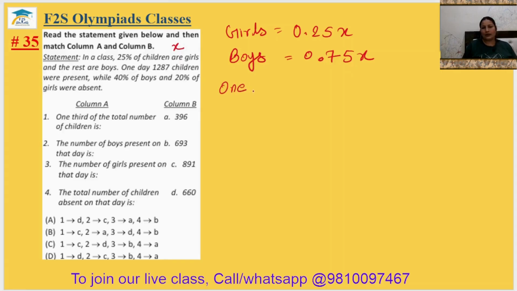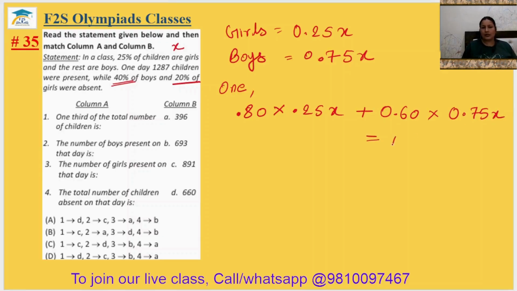One day, on that day, how many girls are present? So we can see 20% are absent. It means 80% are present. So 0.80 multiplied by 0.25x. How many boys are present? So 40% are absent. It means 60% are present. So 0.60 multiplied by 0.75x.